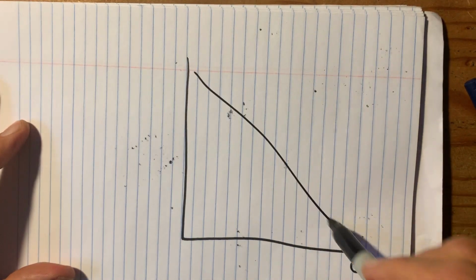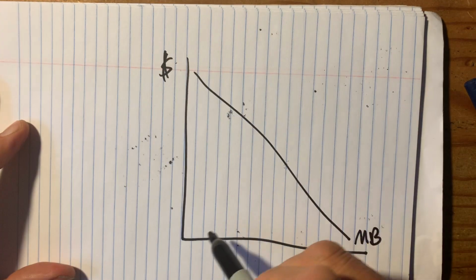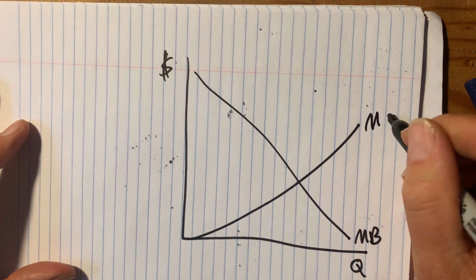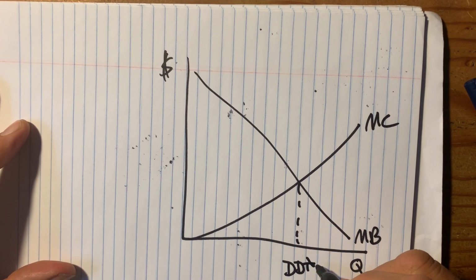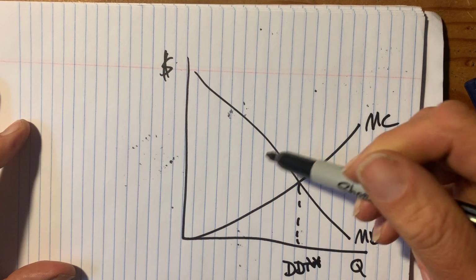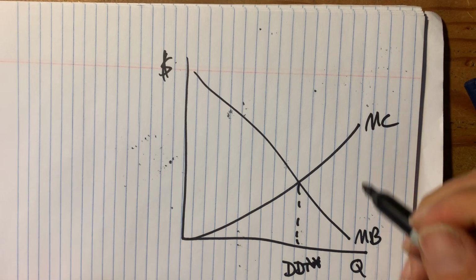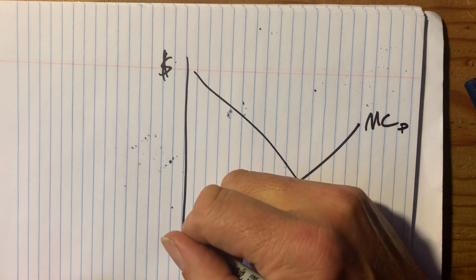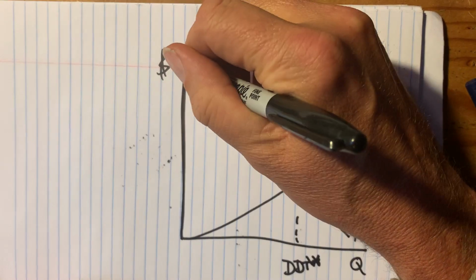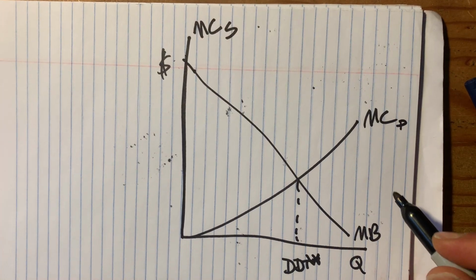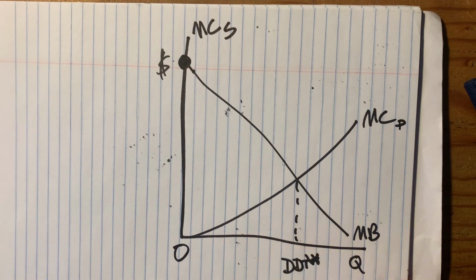And in this case, here's our marginal benefits from using DDT. Here is our marginal costs. So in this case, we were using this much DDT, and we were getting these benefits. But the true cost, in a lot of people's opinion, was that the marginal costs were straight like this. Boom. Marginal cost to society. So that the only acceptable limit would be 0, right?